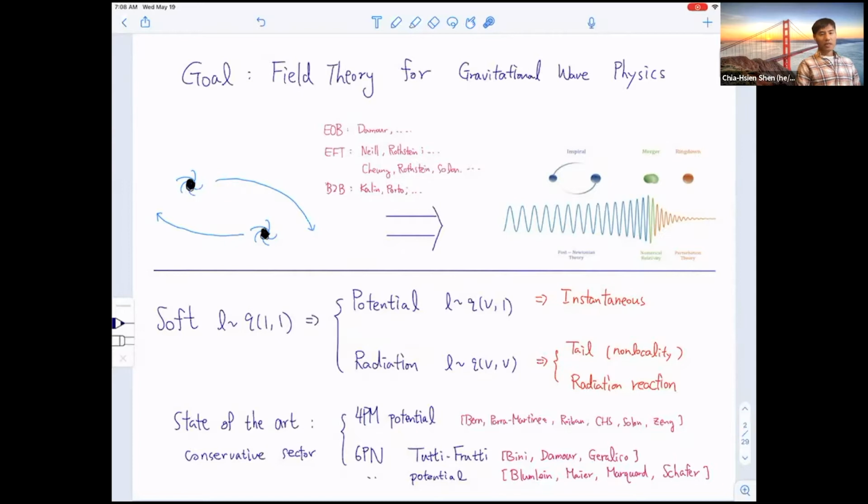They're only a subset of the full physical answer. But the missing part was defined in our scheme. And it could be that the traditional methods are more useful when computing this tail and radiation reaction. But at least when we join forces, we can push the precision frontier for gravitational wave physics.